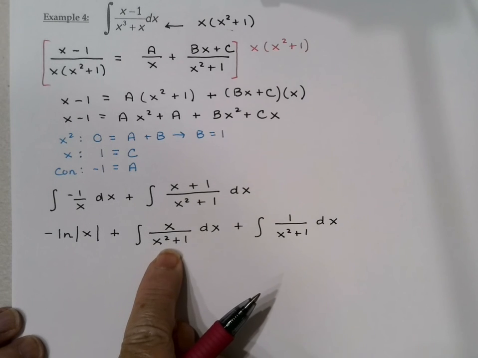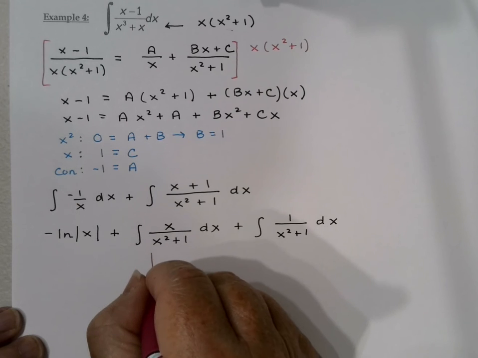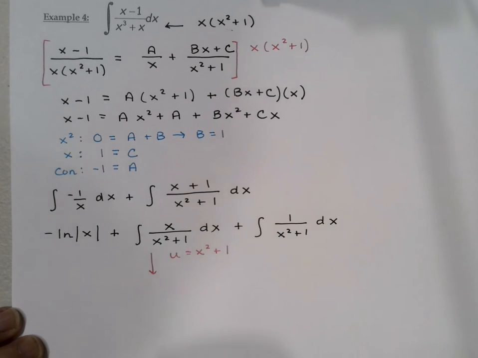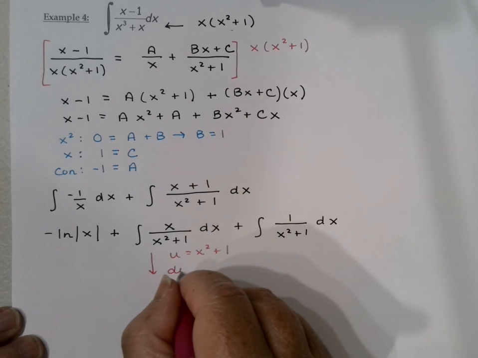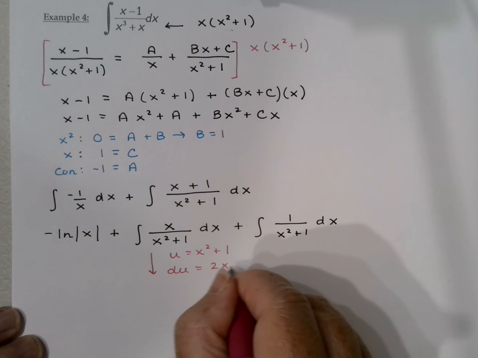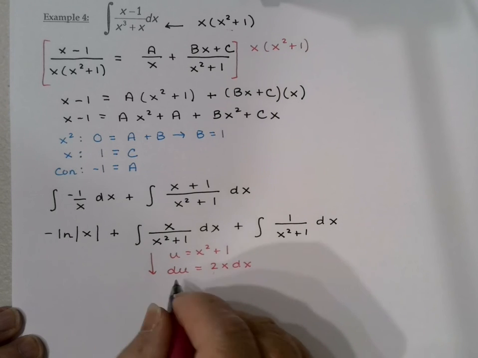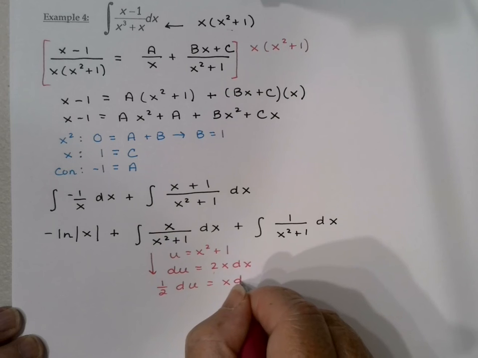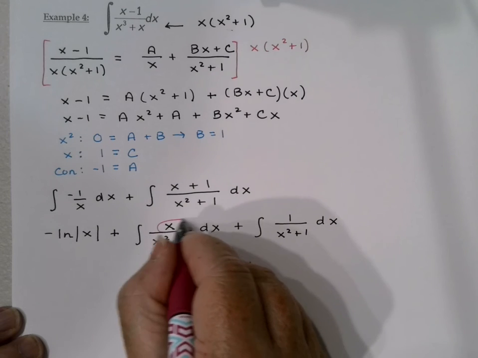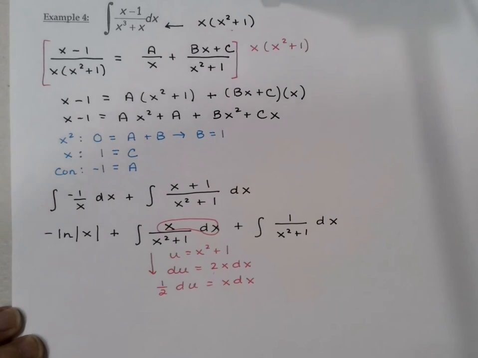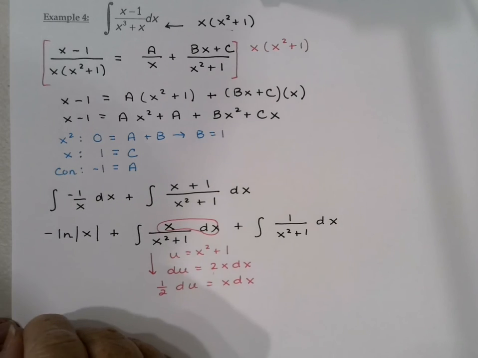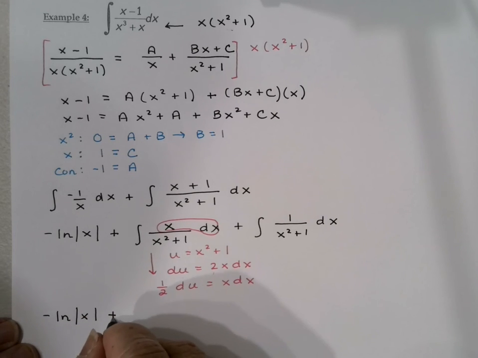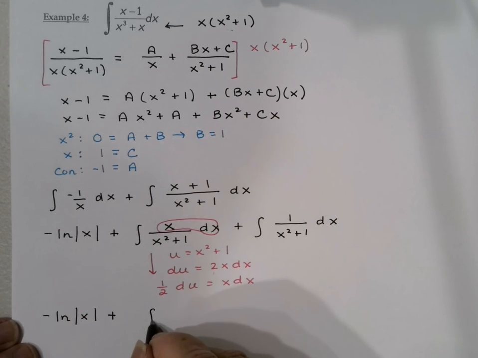This one I can do with a u substitution. If I let u be the denominator, du will be 2x dx, and I'll divide the 2 over. And I've got my x dx right there. So let's see.